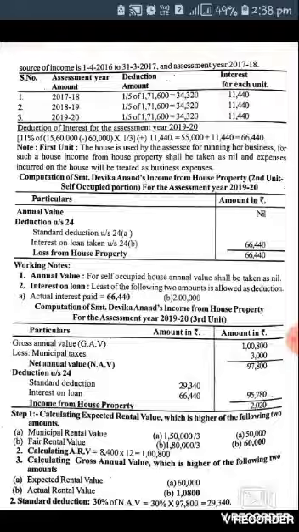Interest on loan under section 24B is 66,440. So the working notes for the self-occupied house: the annual value shall be taken as nil. Interest on loan for the following amounts, the deduction is the lesser of 2 lakhs and 66,440, the least amount. So now the computation of Devika Anand's income from house property for the let out unit.